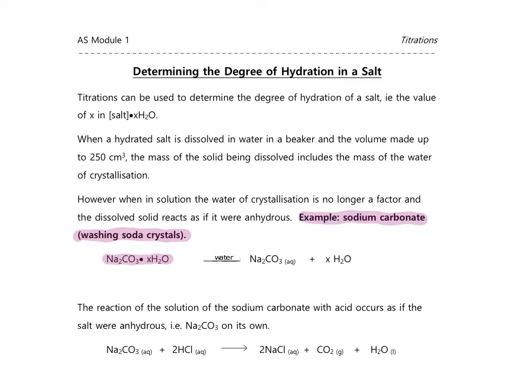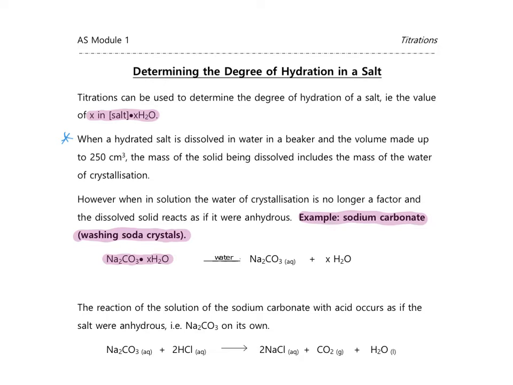That means it's bonded to a certain amount of water molecules, and our aim is to calculate how many water molecules it is bonded with in the initial hydrated salt. In other words, determining the value of X in your salt.XH2O, the degree of hydration.